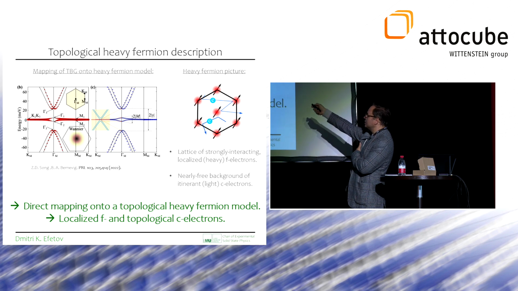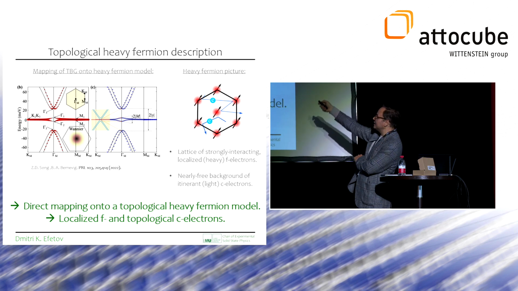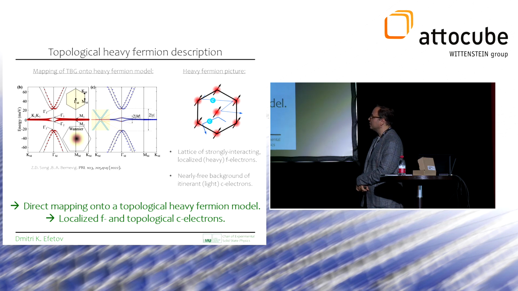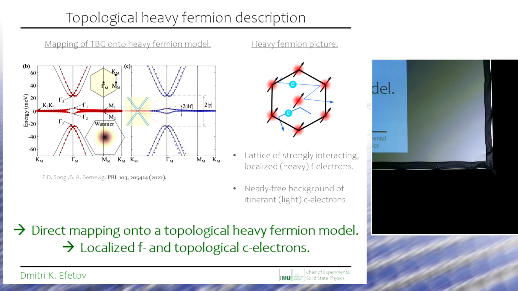One is the heavy localized f-like electrons that like to localize on the AA lattice sites, and in addition, you can find nearly free electrons that also exist in the system, which are light and highly mobile. Again, connecting those two physics of itinerant and localization physics.